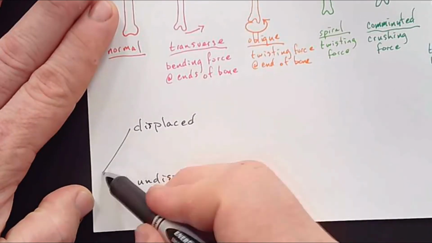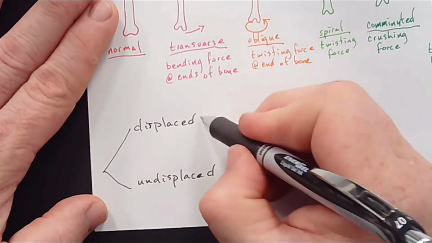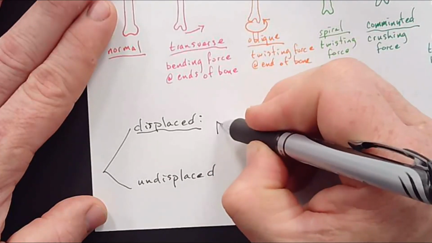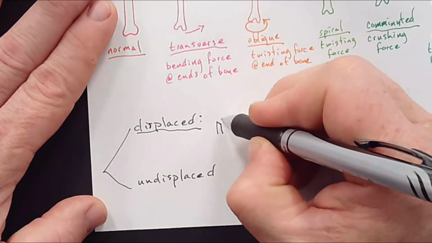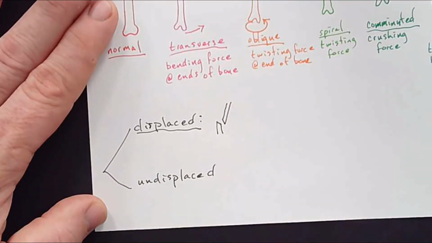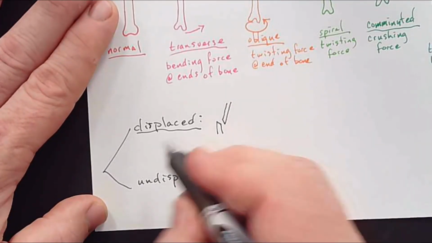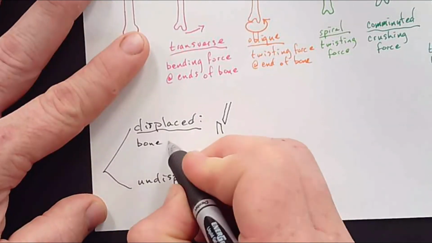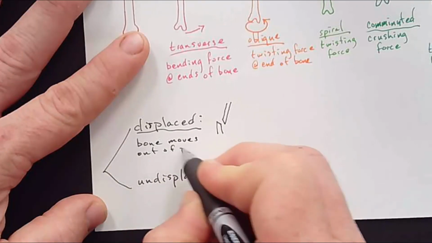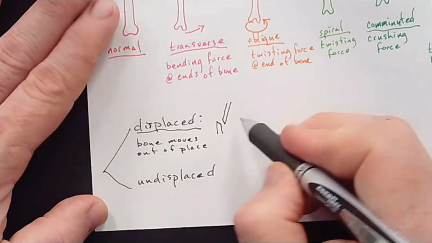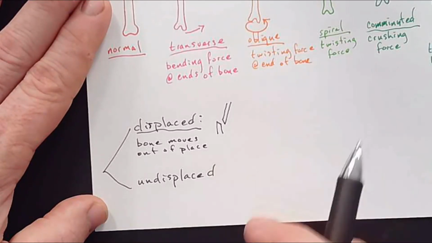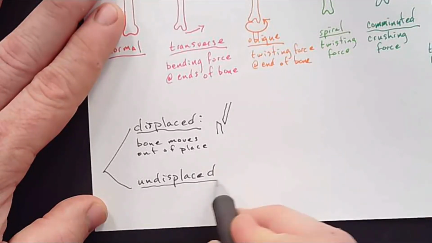So there's like a couplet here. A displaced fracture would be where you've got a broken bone and the other end doesn't line up anymore. So this would require a surgery to fix. This is where the bone moves out of place. Doctors are going to have to cut you open and put these bones back where they belong and put pins and screws in there. That's not what you want, okay?